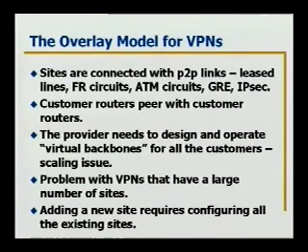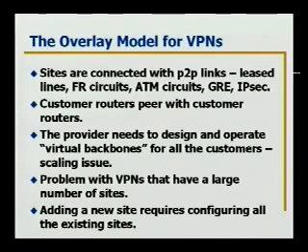So the customer routers would peer with other customer routers at the end of these links, and the customer would run his own routing. And from the provider's point of view, he only provides the links. But the provider needs to give these virtual backbones for all the customers. At some point, it becomes cumbersome to start managing all these virtual networks on top of the provider's networks.